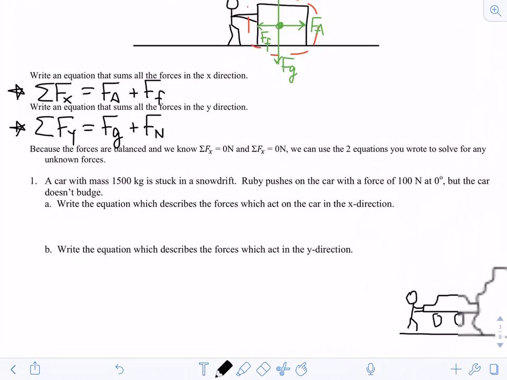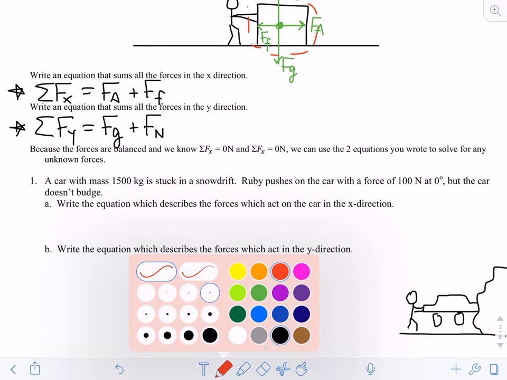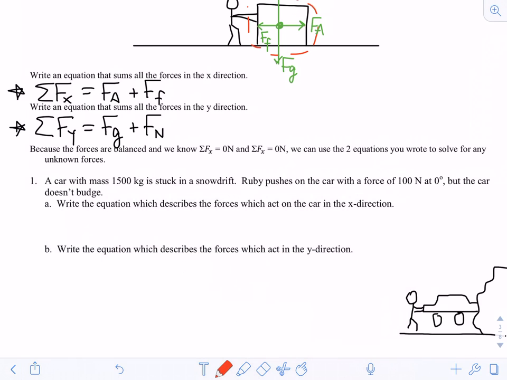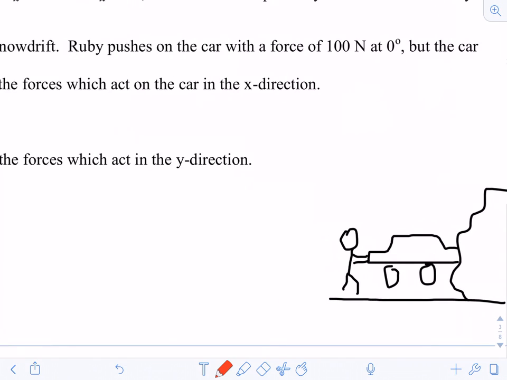Let's do one more example where we write out the force equation, and then we'll actually put some numbers to it. So here's a problem where we've got this car, it's stuck in a snowdrift, and Ruby's pushing on the car. I've drawn the situation over here. Why this person is pushing the car into the snowdrift is anybody's guess, but we'll just go with it.